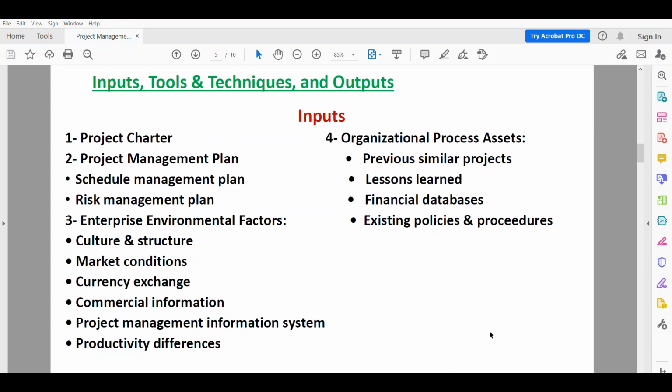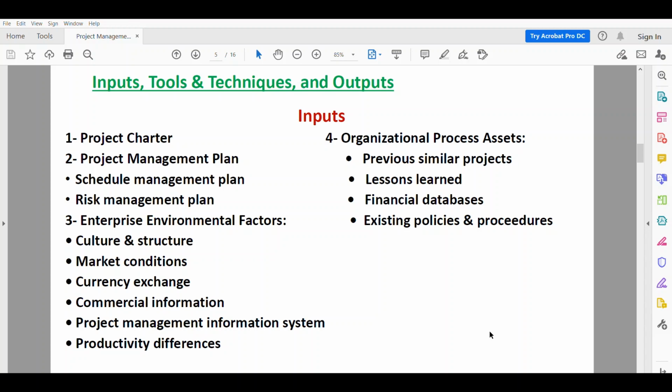Say in Japan it is so much, in the UK it's so much, in Canada and in different parts of the third world. So the productivity is different. We have to take this into account as an input to plan the cost management.